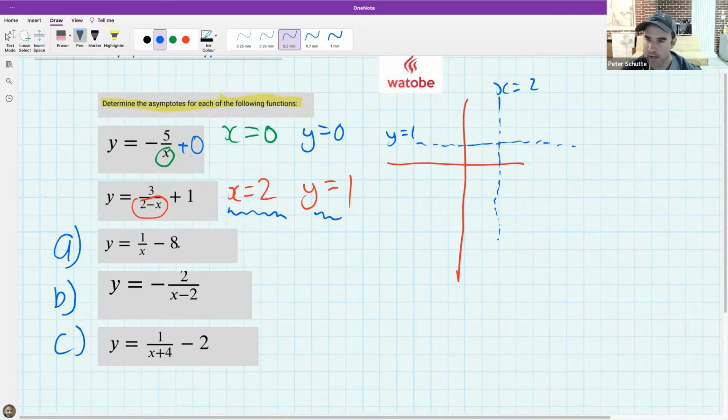So, Tokozo, why is x 0? Because in this very simple hyperbola, can you see there's no shift? It's just got an x in the denominator. So because it hasn't been shifted, the only number that would cause division by 0 would be when x is 0.